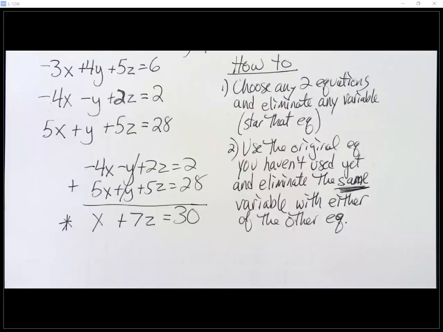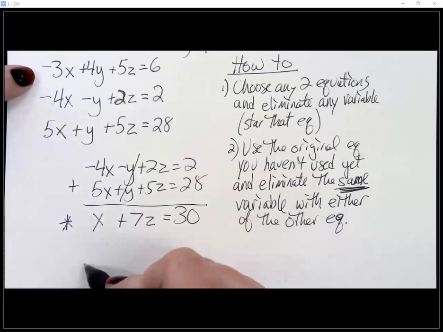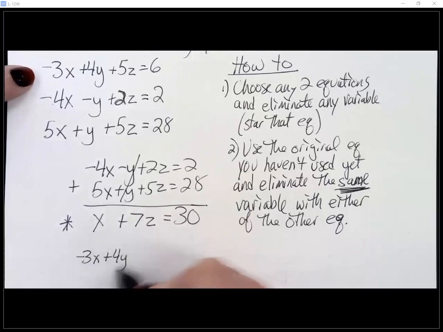So let me give you a moment just to get there. All right, so now let's try it. I'm gonna take that top equation. So I'm just gonna recopy it down here. Negative 3x plus 4y plus 5z equals 6.